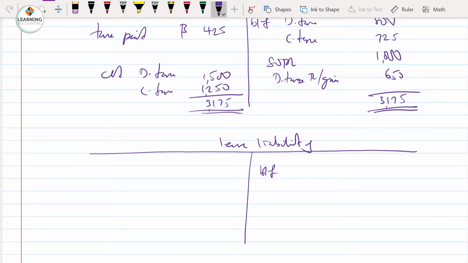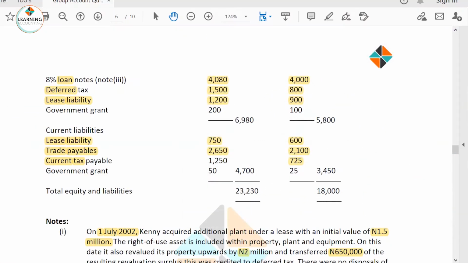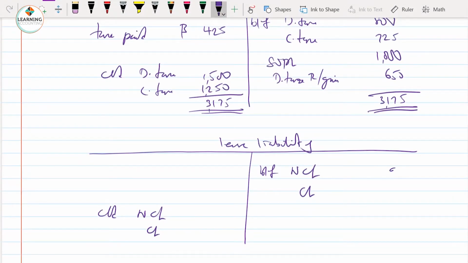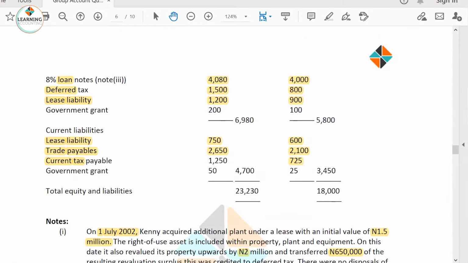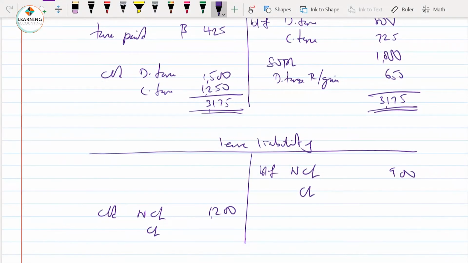Again, we have brought forward for non-current liability and current liability information, and closing for non-current liability and current liability information. So let's pick them again. We have 900 and 1.2, and we have 600 and 750.